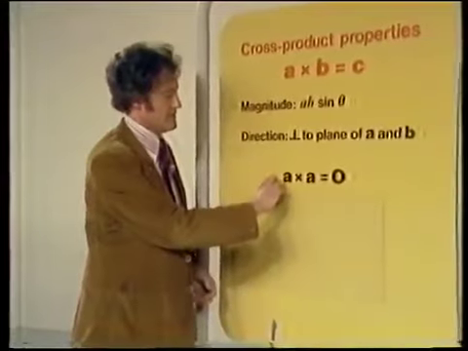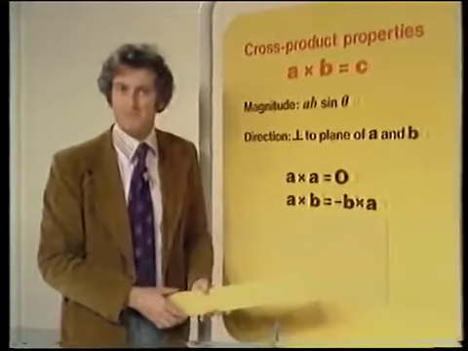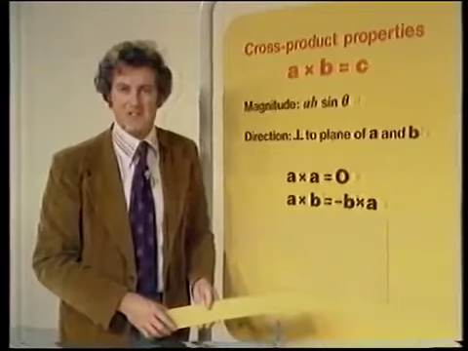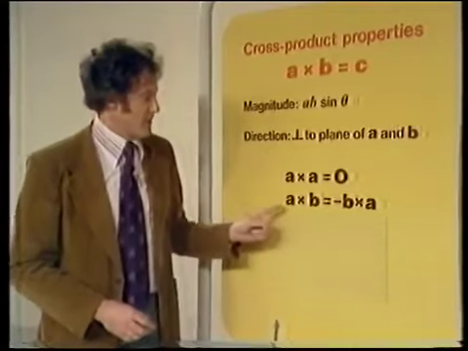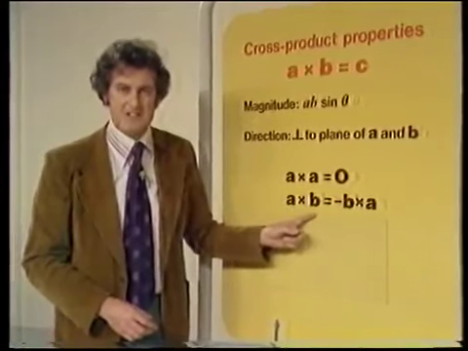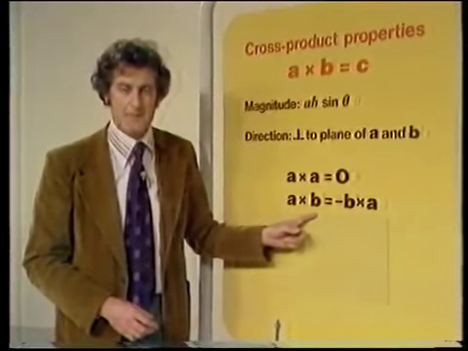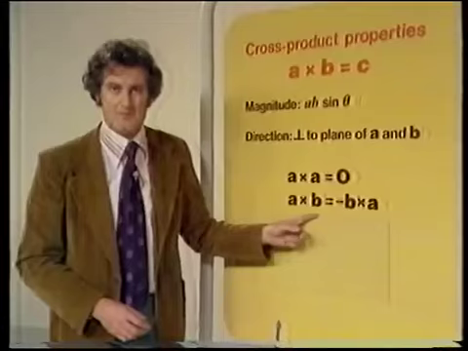We found that A cross B is minus B cross A. That means we've got to be very careful about the order in which we write these down to get the sign right. So we'd better check our physical problems.